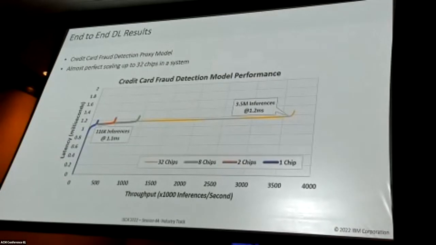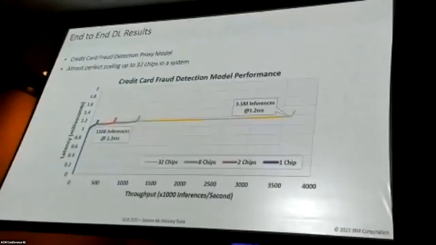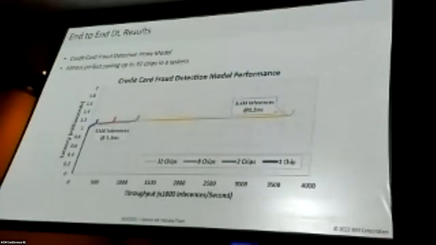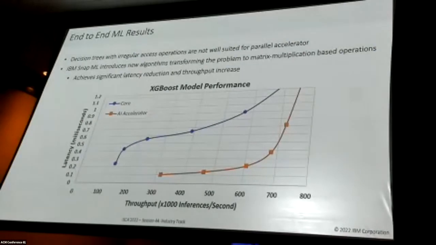And what was requested, again, is this nice linearity. If you run on 32 chips, you go only to 1.2 milliseconds with 3.5 million inferences per second still. A similar result was also seen for machine learning.